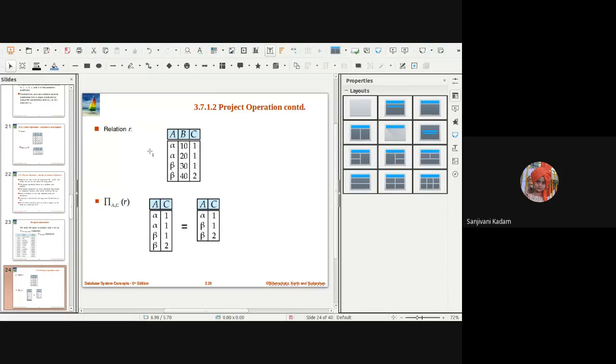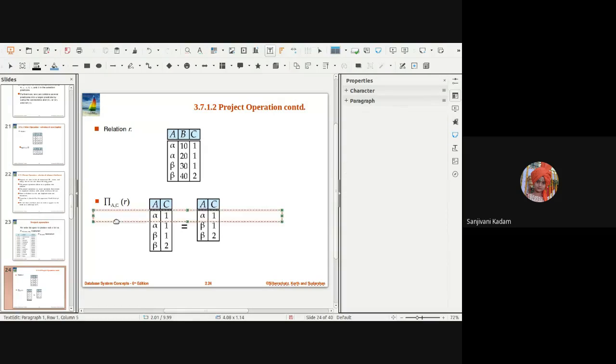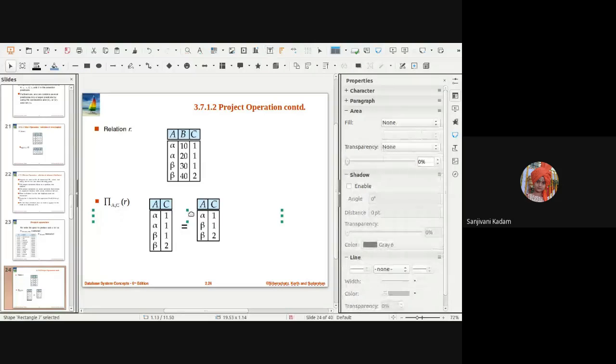In that case, we are not applying any condition onto the tuples for filtering, but we are listing those attributes: pi, A and C, and then displaying those. So if B is removed, then we are having A and C.